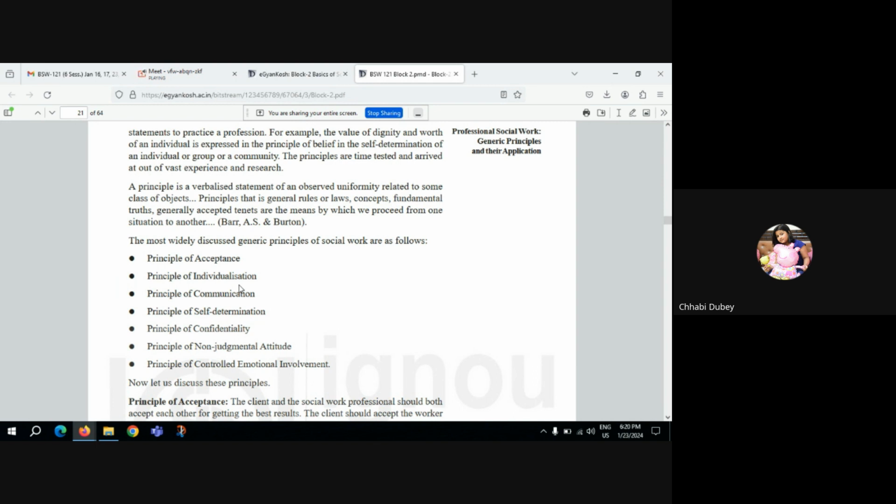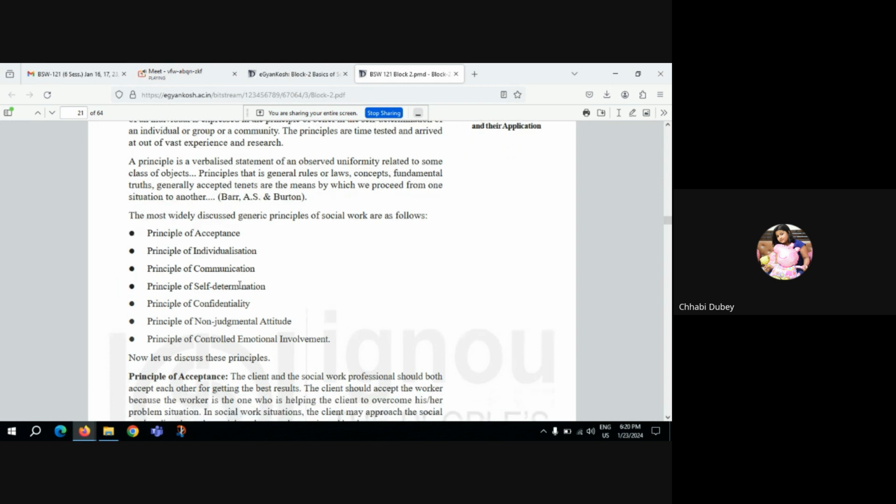These seven principles of social work are also very important in terms of your examinations. They may be asked separately, or as an essay type question where you are supposed to write down all the principles of social work. So this part needs to be done very well.